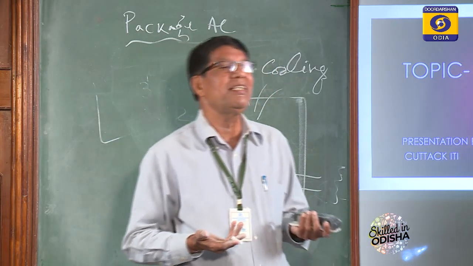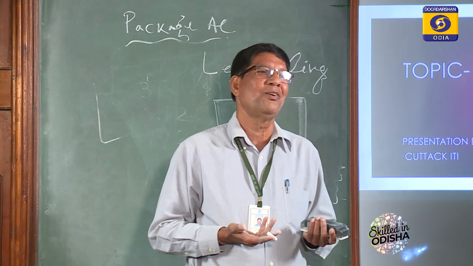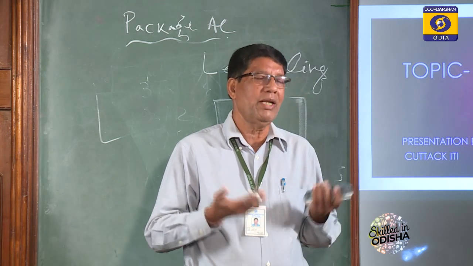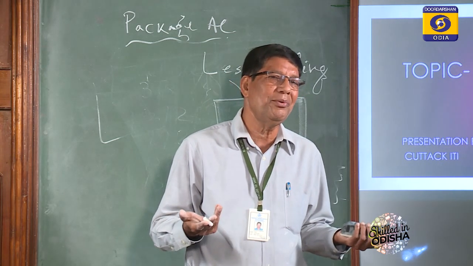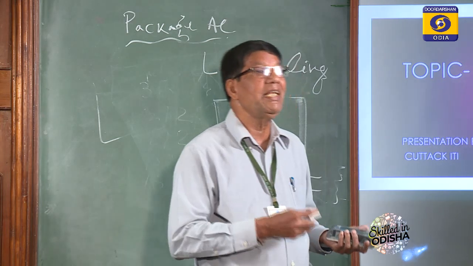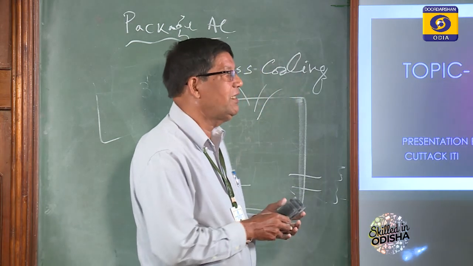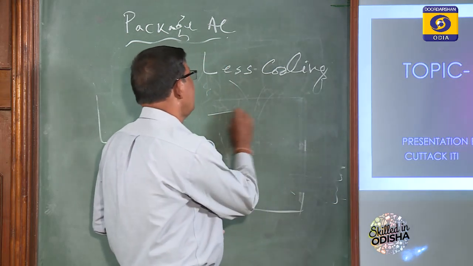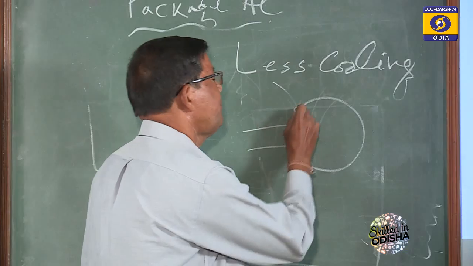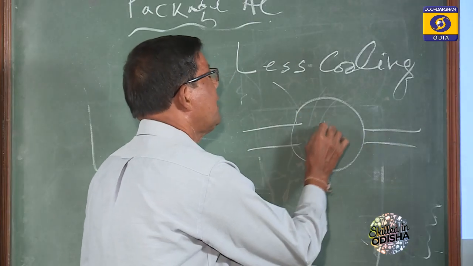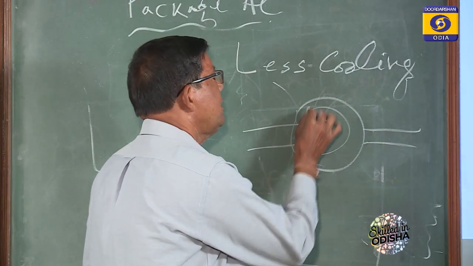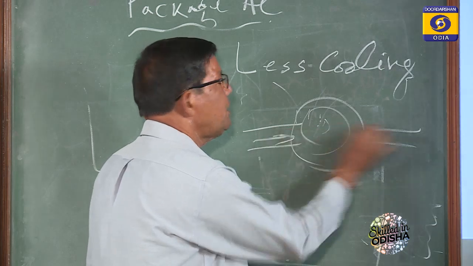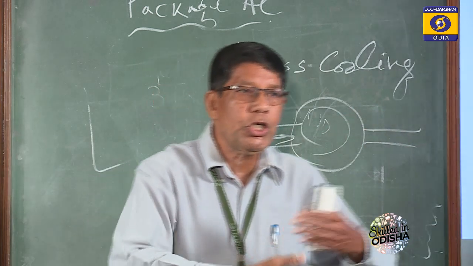How will you find out there is less refrigerant? What is the parameter for finding out? There is a liquid indicator in the liquid line. It is a glass. The refrigerant flows like water.